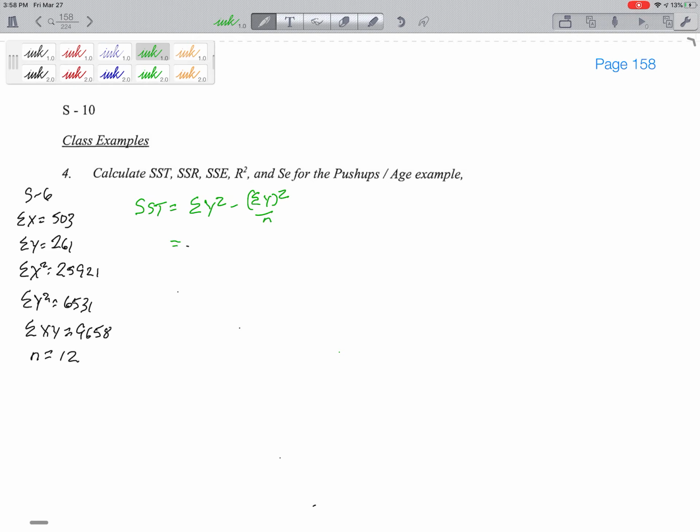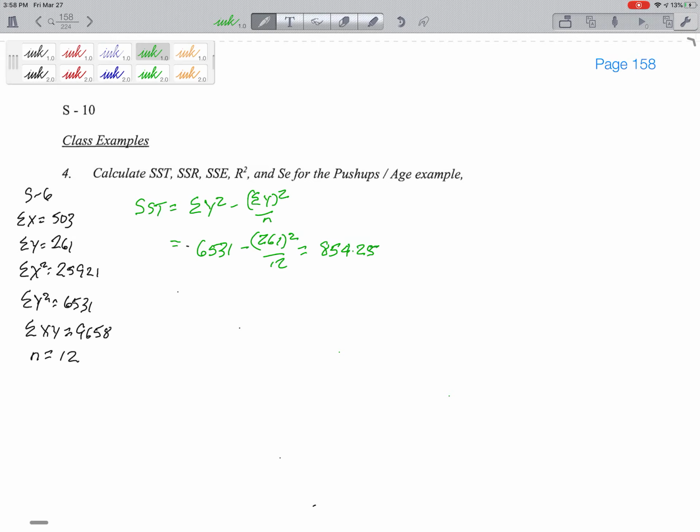So in our case, that's going to be 6531 minus 261 squared over 12. And that comes to 854.25.